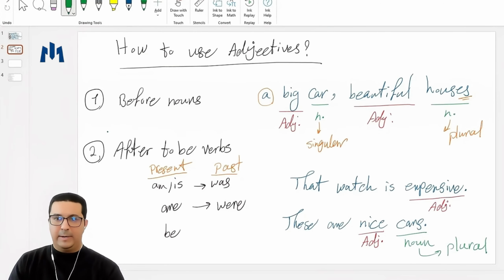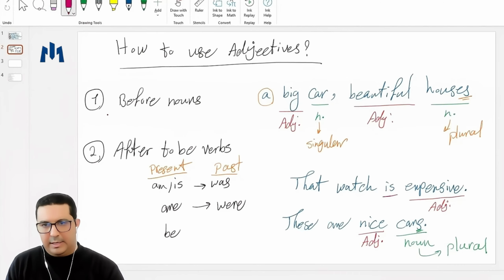Okay, this is more than one, and because we have S, cars. And the other one is about, for example, is. Is is a to be verb, and are again a to be verb.